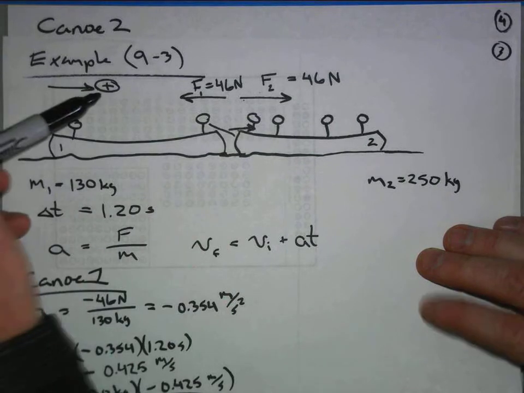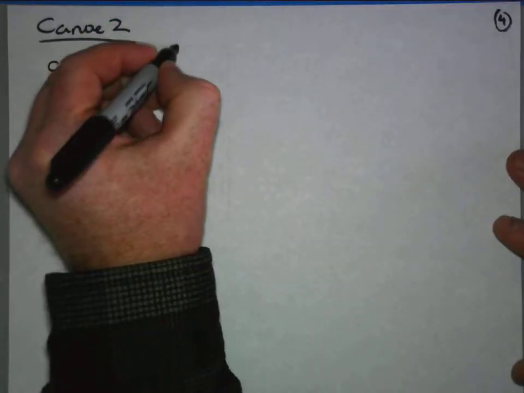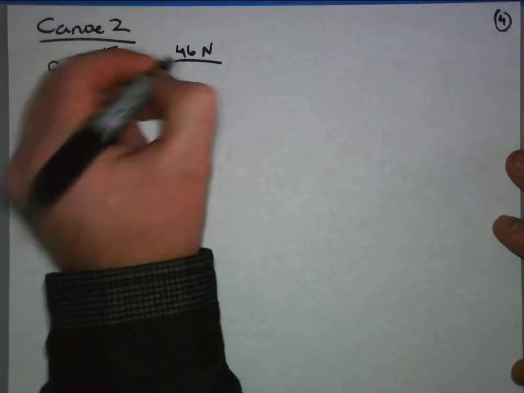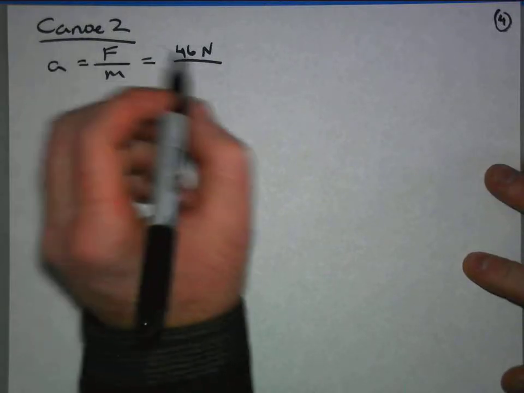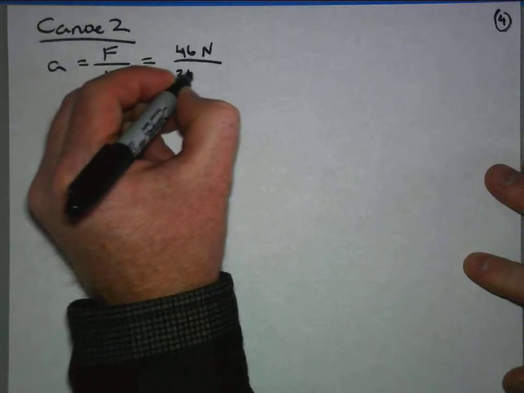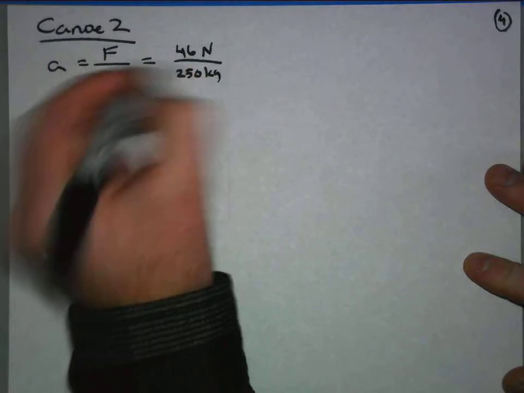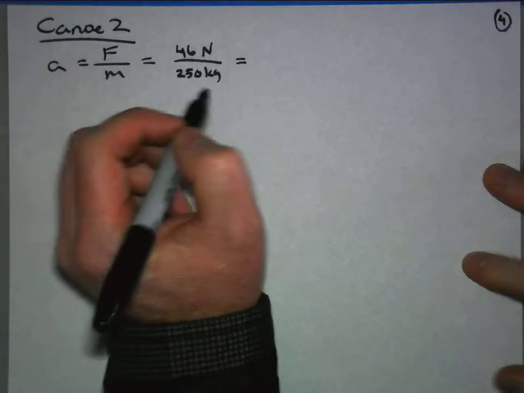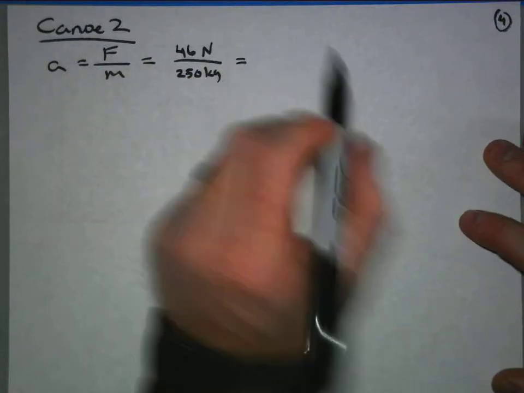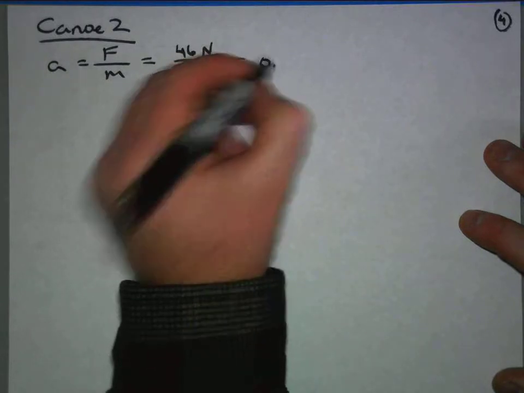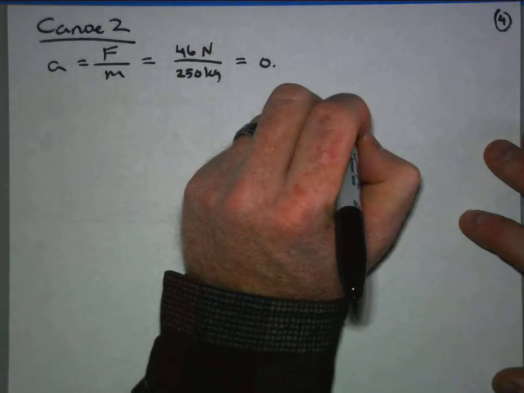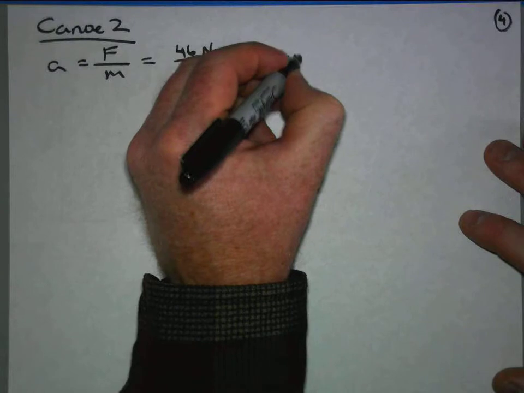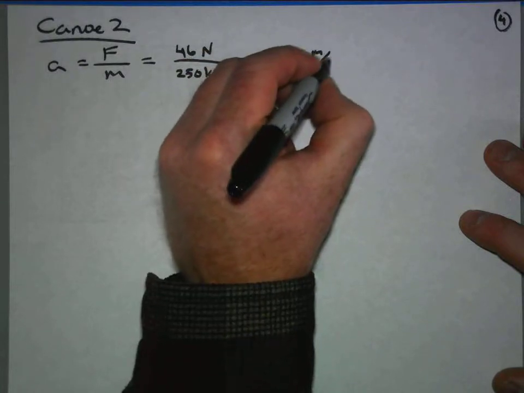It's in the positive direction, right? So I have 46 newtons, and the mass of canoe 2 was 250 kilograms. And so the rate of acceleration I get for canoe 2 is in the positive direction, 0.184 meters per second squared.